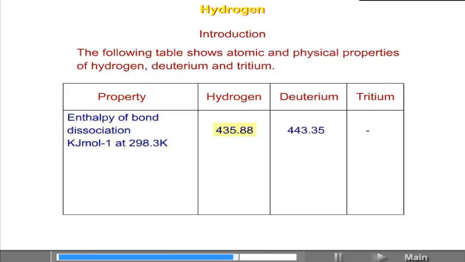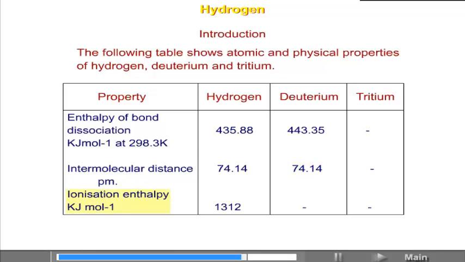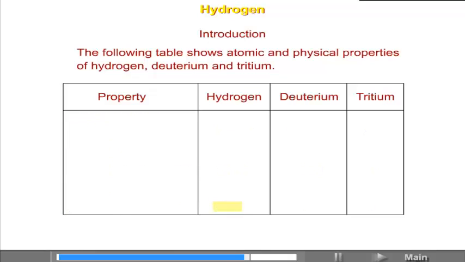435.88 is of hydrogen, 443.35 is of deuterium. Internuclear distance in picometers: 74.14, 74.14 of deuterium. Ionization enthalpy in kilojoules per mole: 1312.